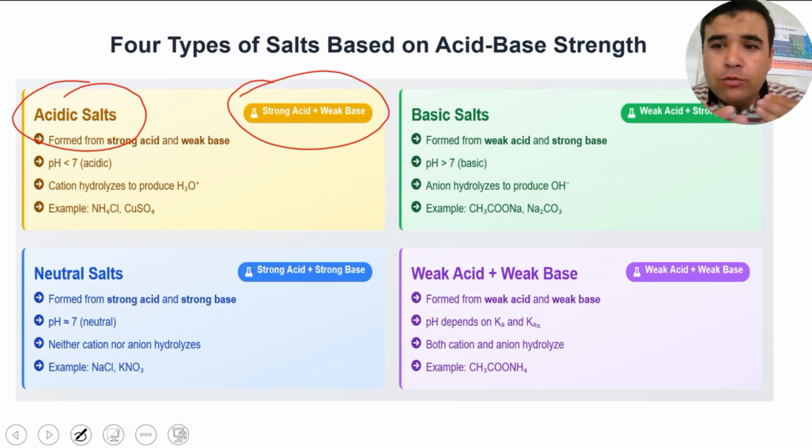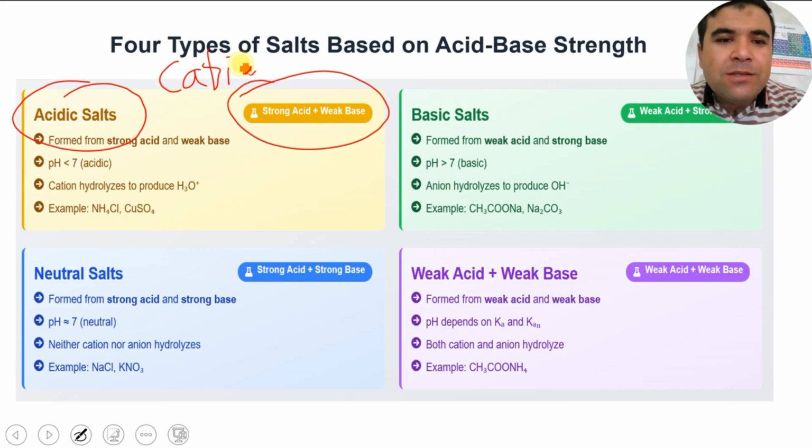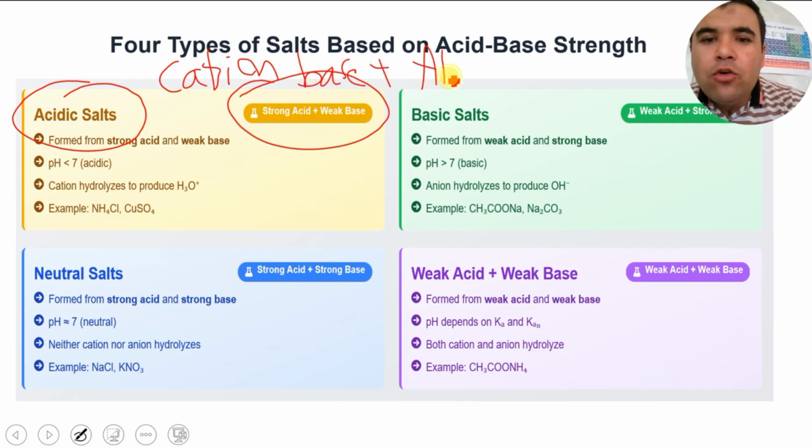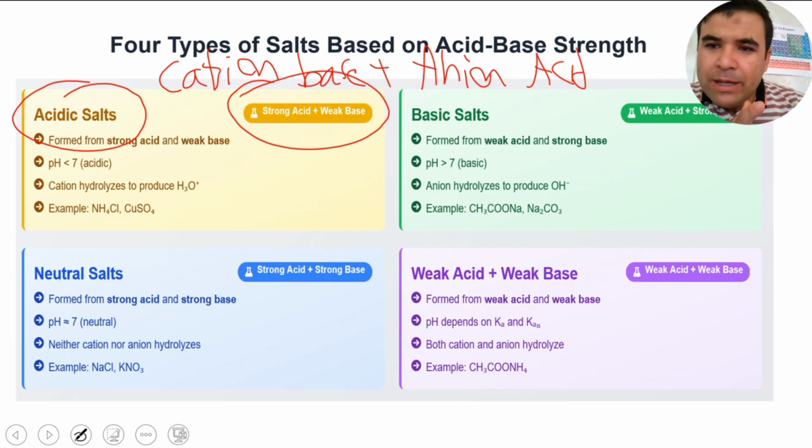By the way, salts are ionic compounds made up of the cation of a base plus the anion of an acid, guys. If the cation from the base is from a weak base and the anion is from a strong acid, that becomes an acidic salt.